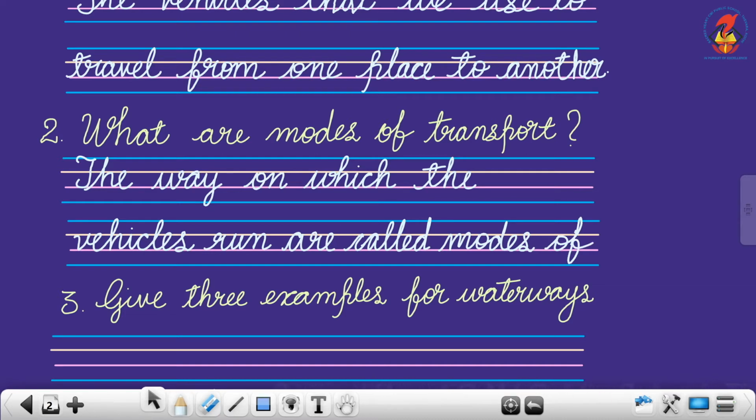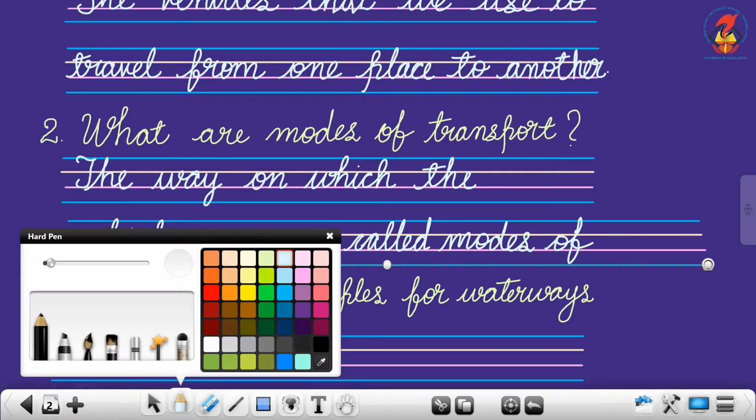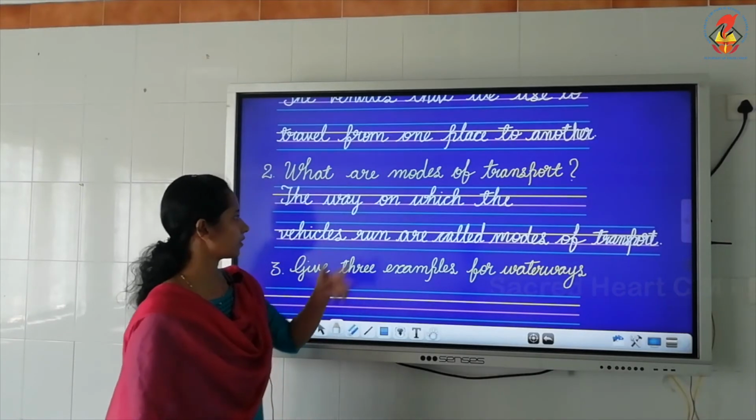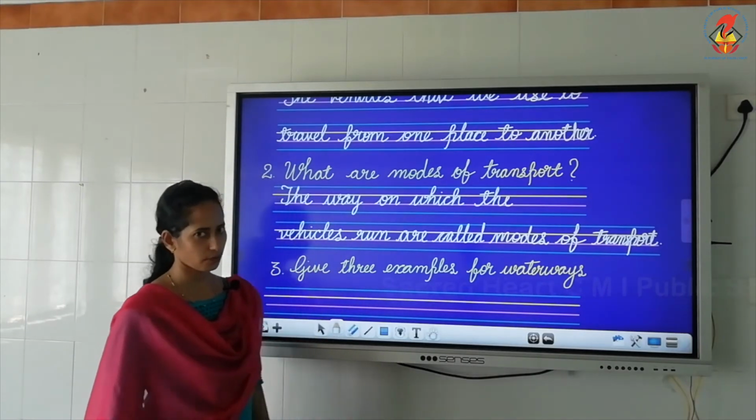Let's extend the line. The way on which the vehicles run are called modes of transport.